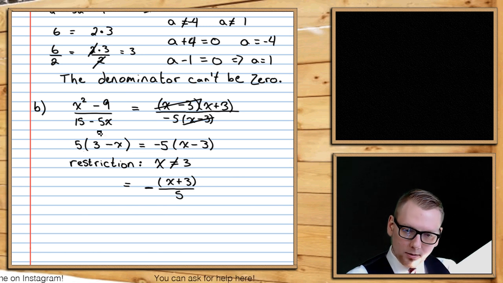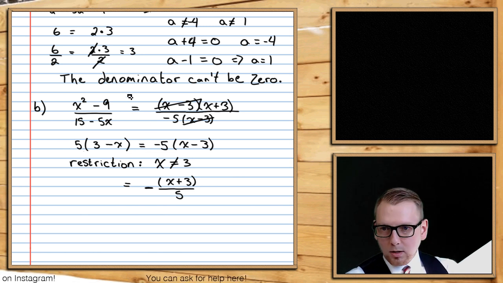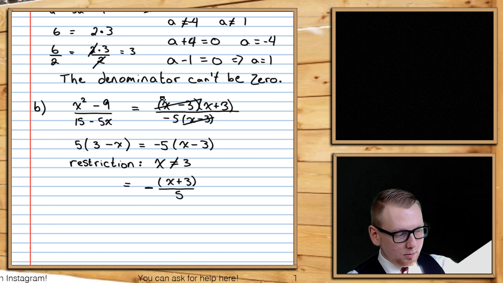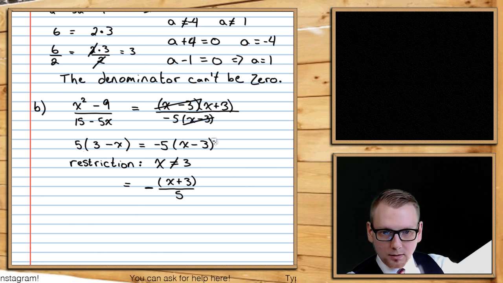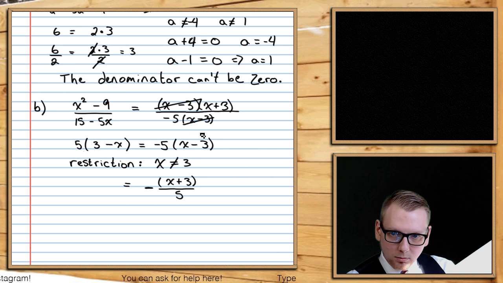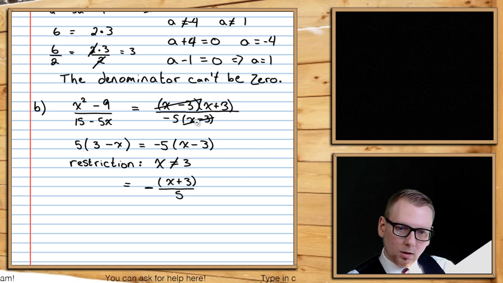So I only crossed out what was similar. So you see this x minus 3 and x minus 3 are the same. So those two could be crossed out. There was nothing else that was the same. So nothing else got crossed out.